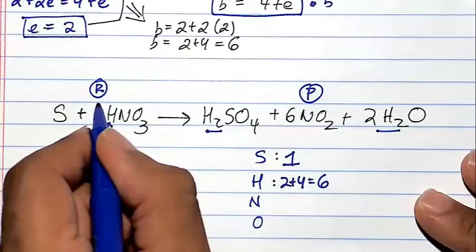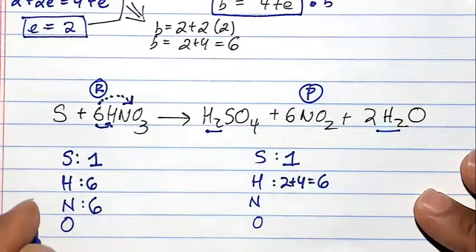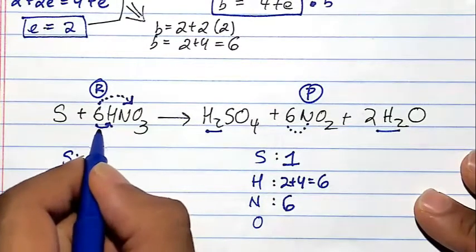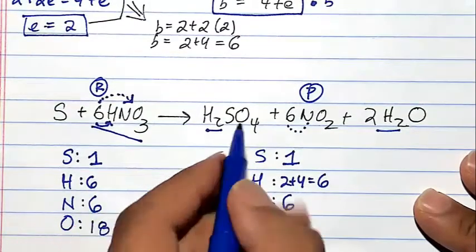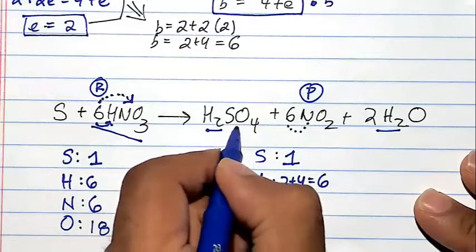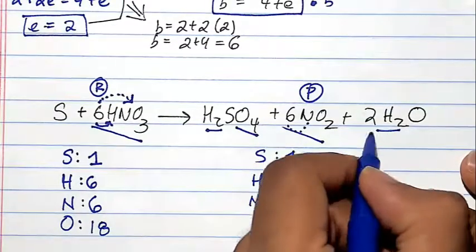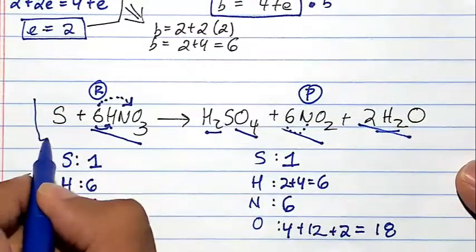Nitrogens, I have 6 nitrogens here. Here I have 6 nitrogens. Anything else? No. Oxygens, I have 6 times 3. Here that's 18. Here on the product side I have 4 plus 12. 6 times 2 is 12. Plus 2, the 2 oxygens, plus 2. So that is 18. So I have now balanced my equation.